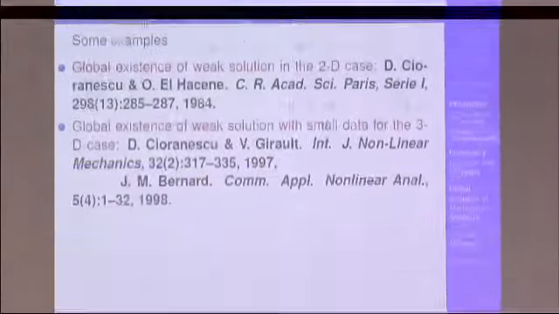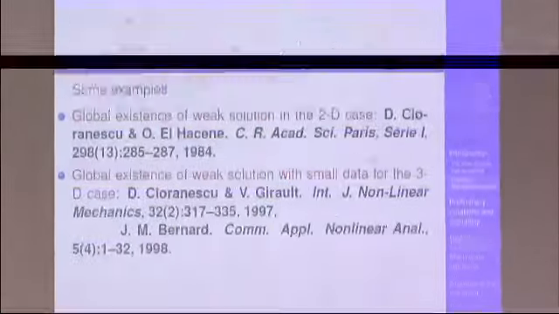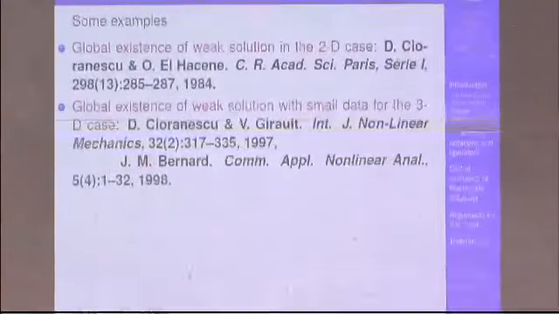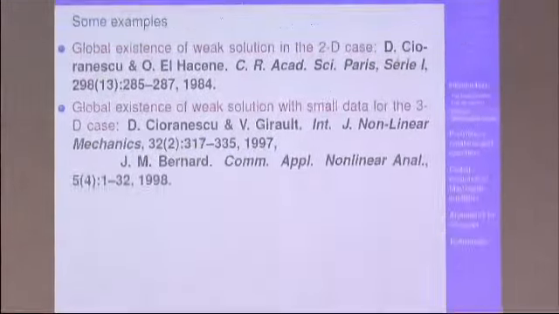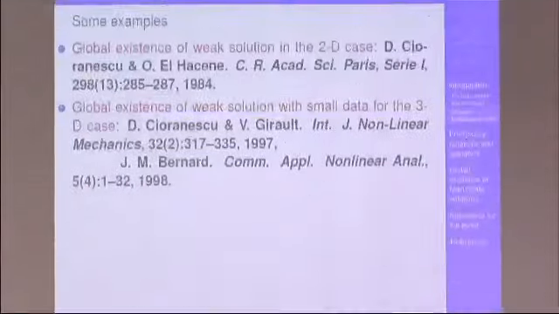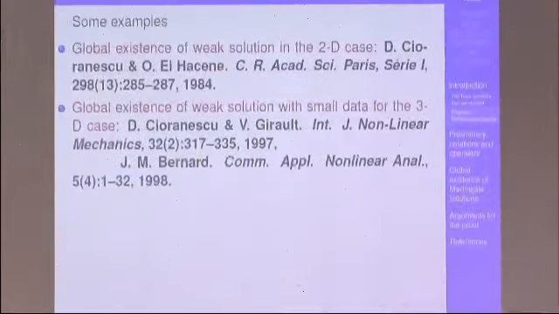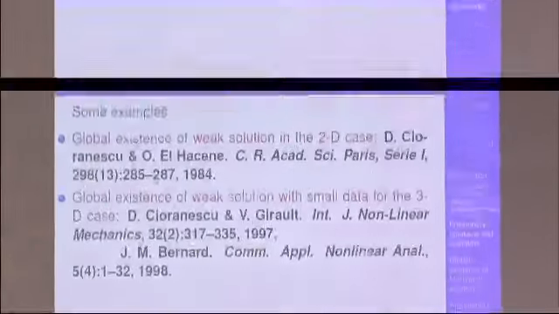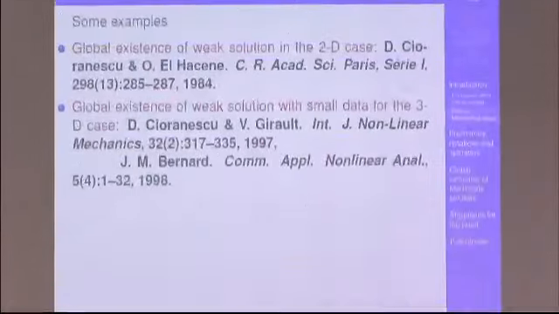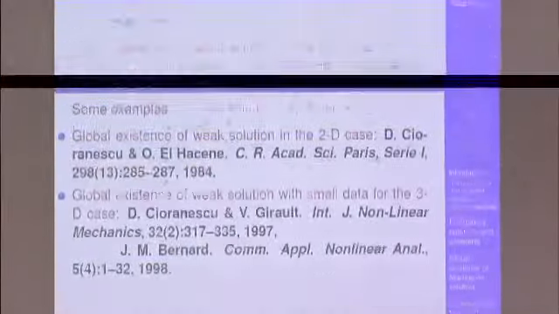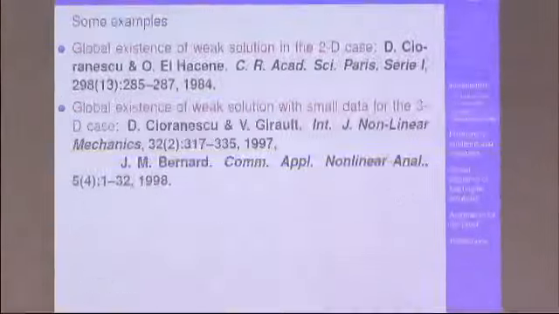In the deterministic case, the equation has been studied extensively, but we cite only some references which are relevant to our study. The first work on the second grade fluids was this paper of Cioranescu and Ouazar.